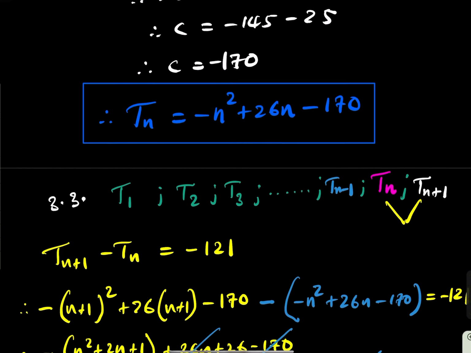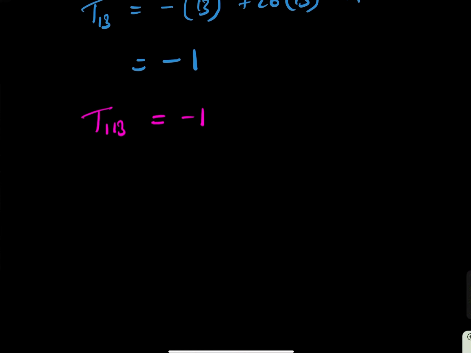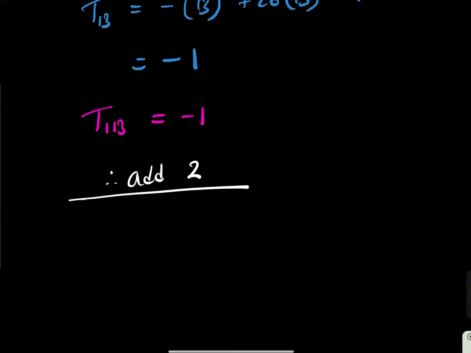So we are asking which number can I add to this maximum term such that I will have a 1 there. It's clear that if I add a 2, I'll get a 1. So you need to add a positive 2. You will have minus 1 plus 2, which gives you 1, the one they're talking about.